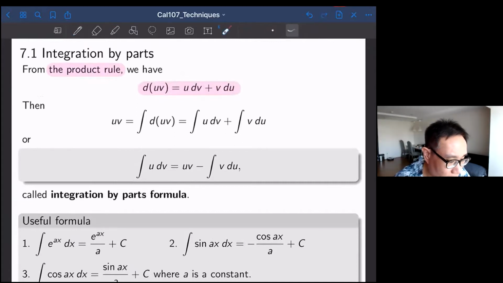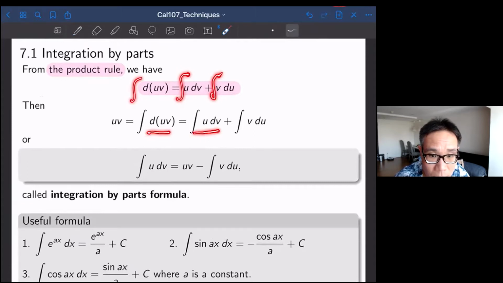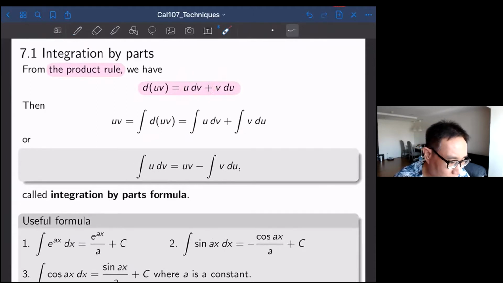If you integrate both sides, you see that it's going to turn out to be integral d(uv) equal to integral u dv plus integral v du. And integral d(uv) is just uv because the integral and the differential cancel each other. So you get uv equal to integral of u dv plus integral of v du.